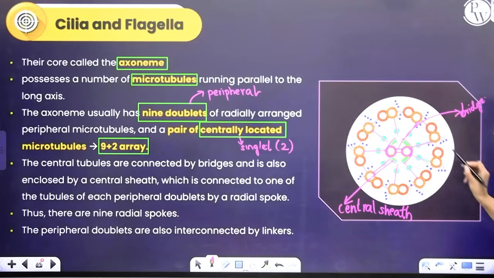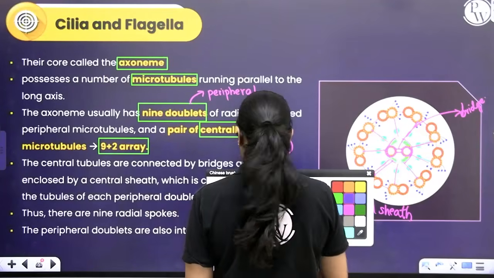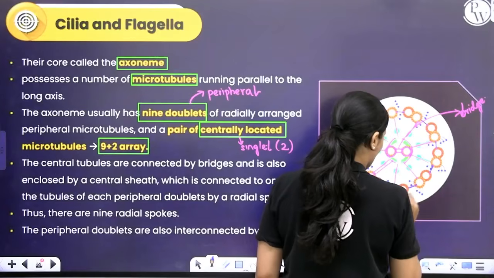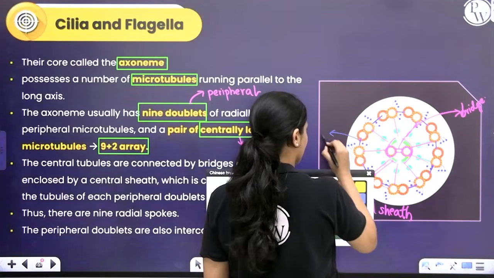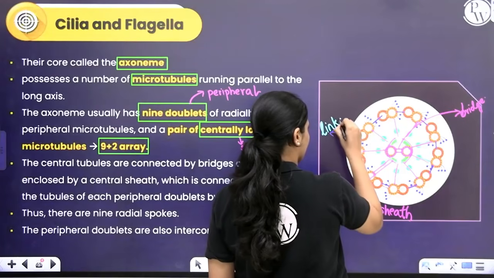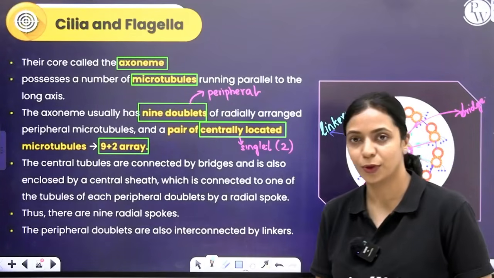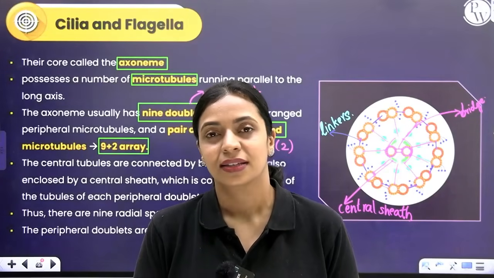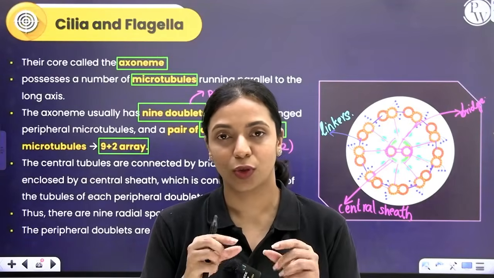And the peripheral doublets are also connected to each other by means of what we call the linkers. This is the structure of microtubule. This is the structure of axoneme of flagella and cilia. There are made up of microtubules. There are 9 doublets peripherally, 2 singlets centrally.